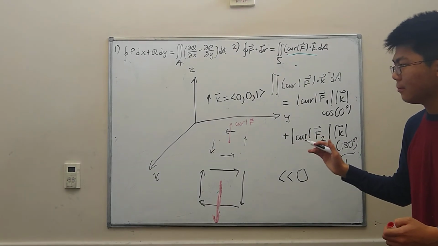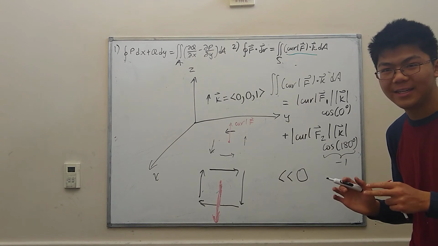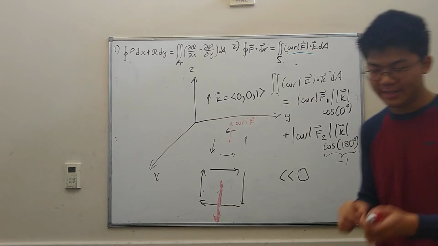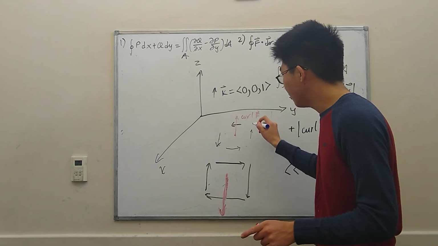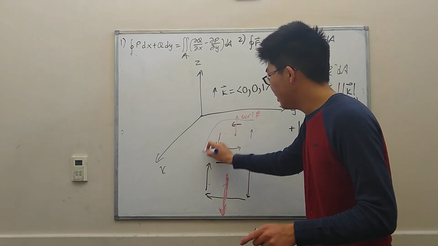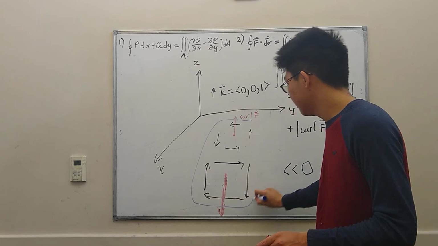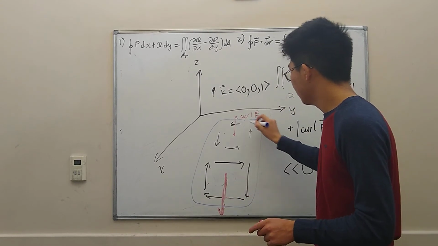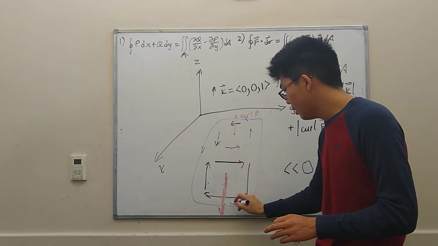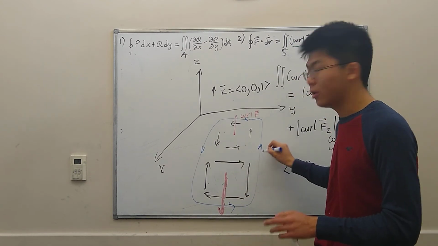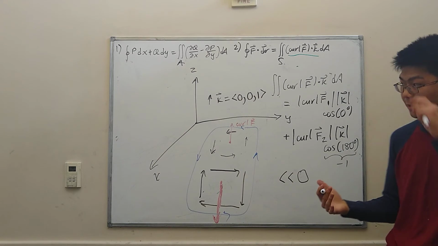Okay. What happens if we take the line integral? How do we verify this? Let's take the line integral over this area. So again, we're moving in a counterclockwise or positive orientation.